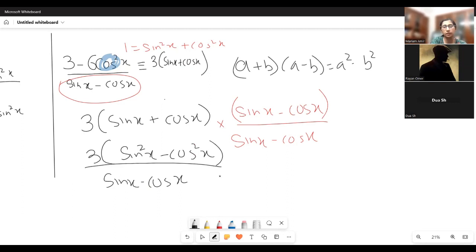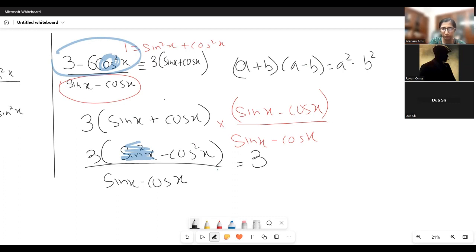Now in the numerator, all that's left to do is that the numerator should be a cos only term. So we can get a cos only term by changing this into 1 minus cos square x.